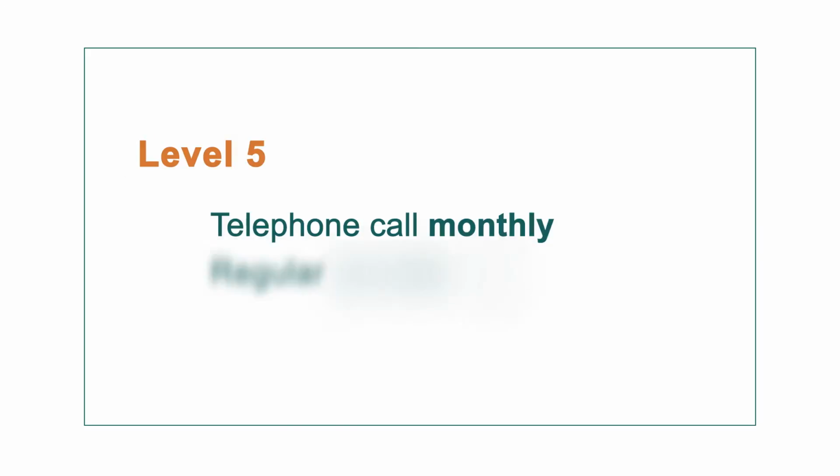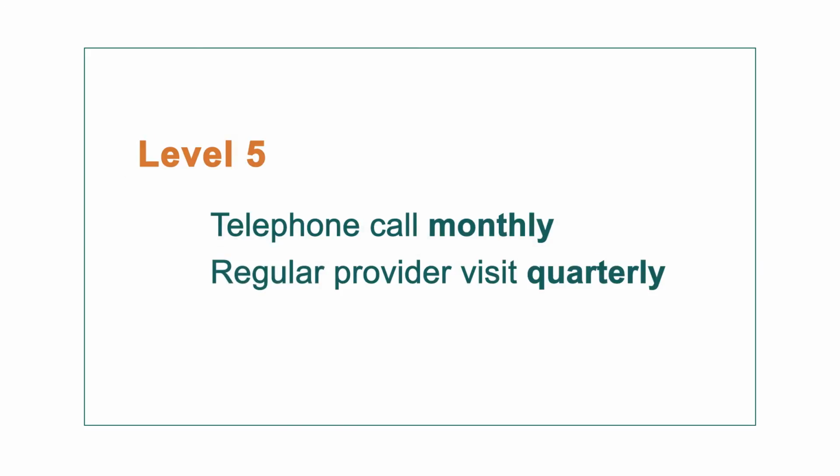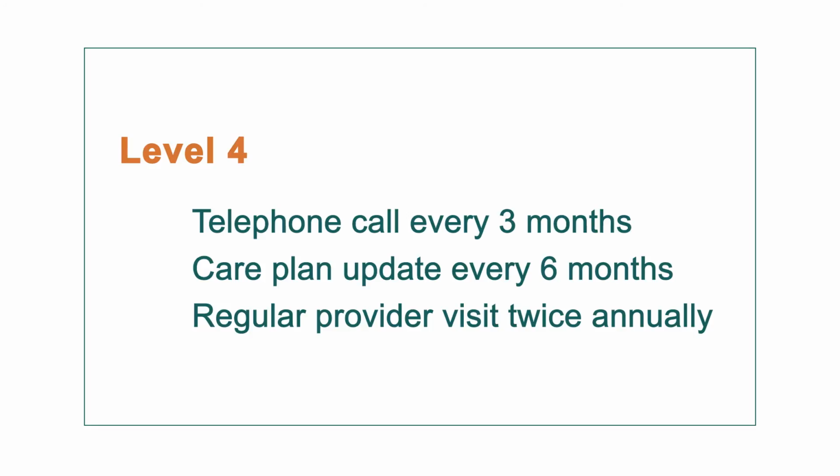So Kate or a member of our team, depending on who this person's provider would be, since they are level 5, would check in with them telephonically monthly, try to schedule them with their providers at the very least quarterly or as needed, and update their care plan here in our EHR quarterly as well. If the patient is a level 4 patient, we check in with them a little less frequently. That would be telephonically every 3 months, care plan updated every 6 months or as needed, and try to get them in to see their doctor twice a year or as needed.